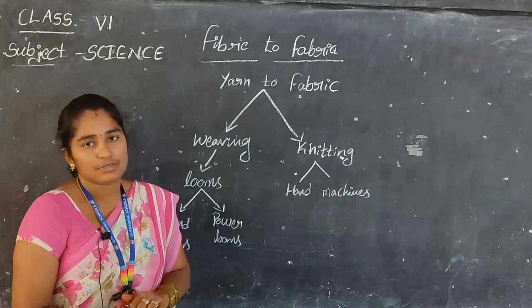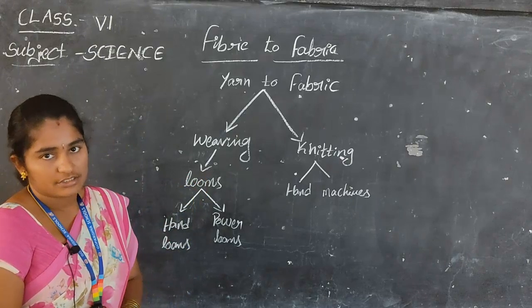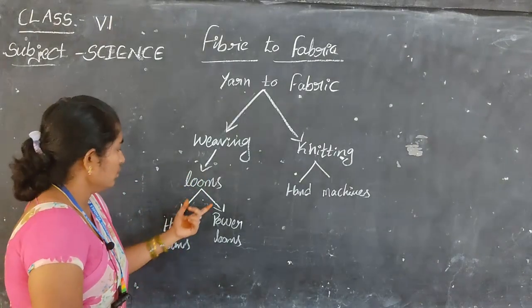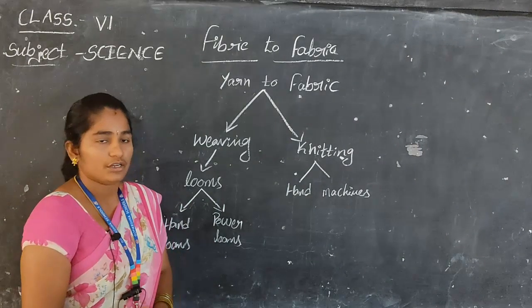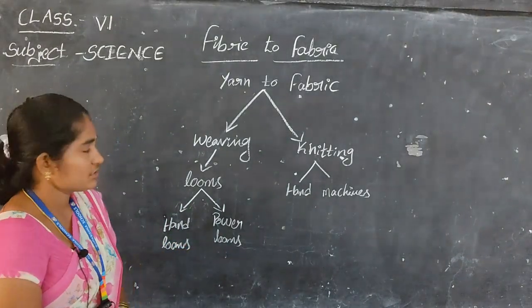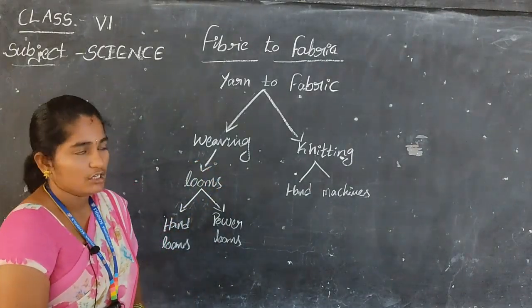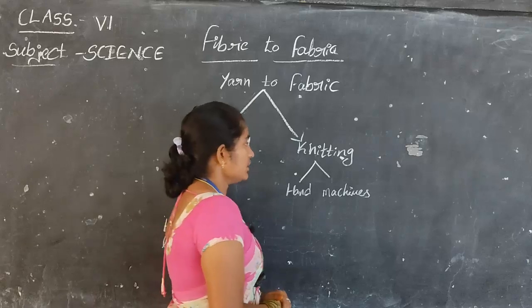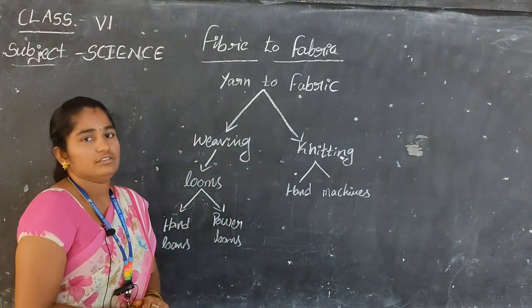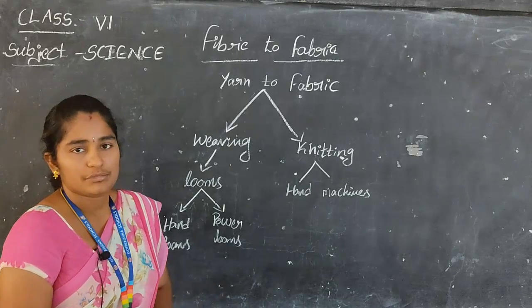taking two basic strands, meaning threads, meaning yarns. It is made on looms, like hand looms and power looms. First of all, what is weaving? You make handkerchiefs, towels, and other materials.